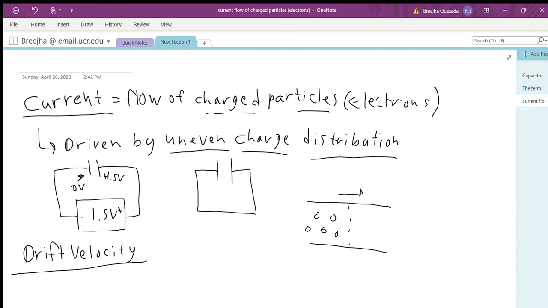Pretty much the same thing is what happens with current. There is an uneven distribution of electrons, and so the electron motion, which happens very, very quickly, is what creates this current. So current is driven by bulk motion.